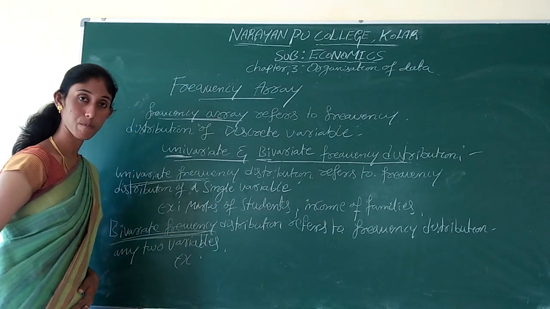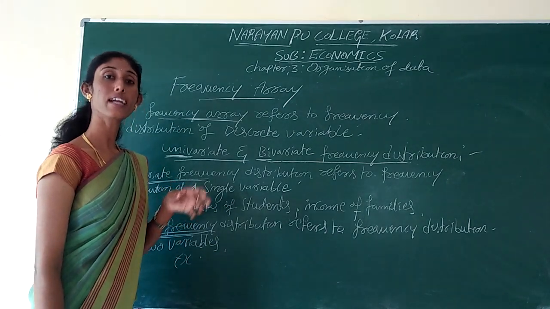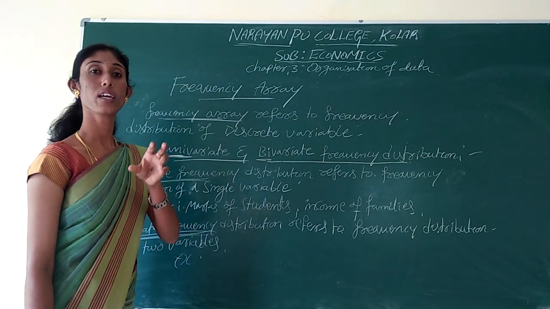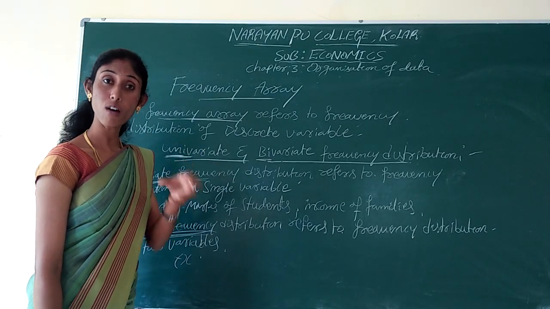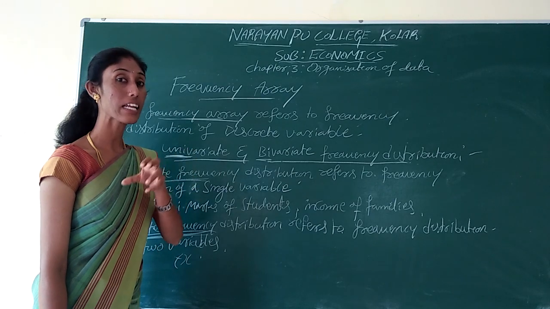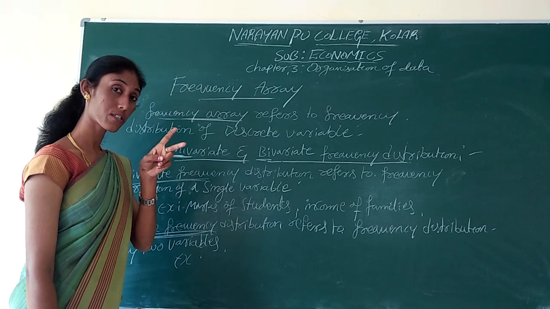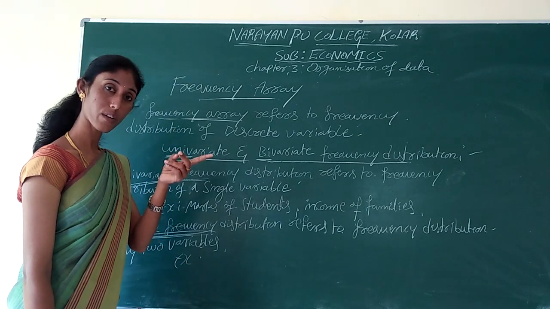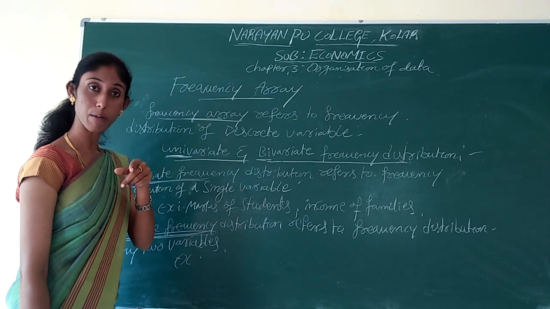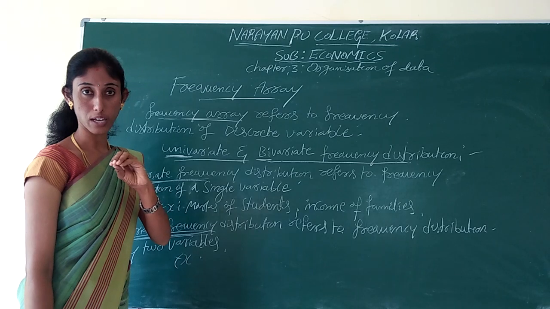Example, at a time, if we are going to discuss the production and sale of potatoes in India, there we have two variables, right? Production as well as sales. Production will keep on changing from time to time. Even sales will keep on changing from time to time.